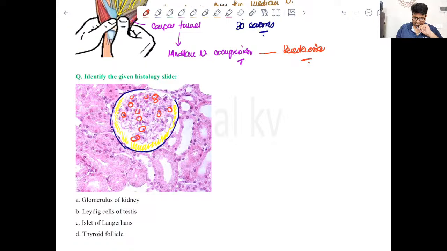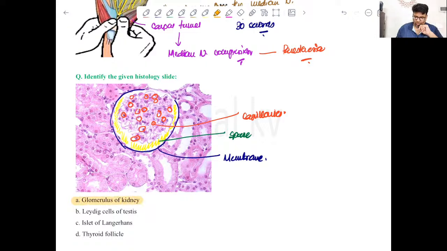Capillaries inside, limiting membrane outside, and a potential space in between the two. These are all capillaries. This is space, and this is one membrane. Yes, absolutely right, Varun. Now you are right.